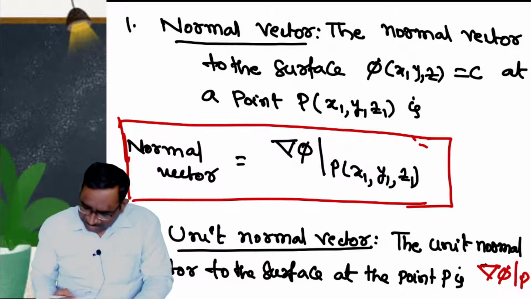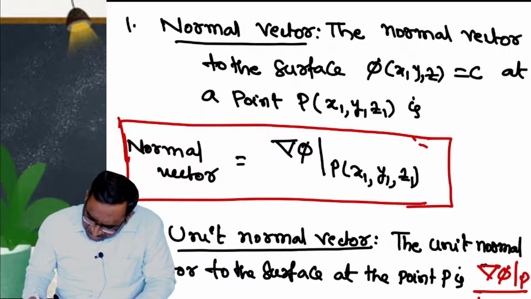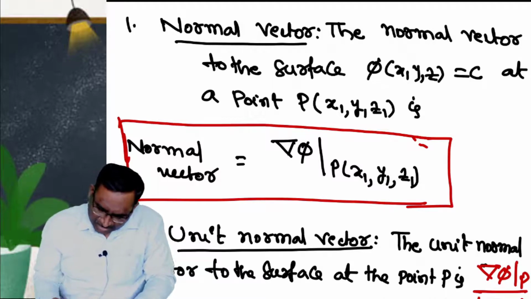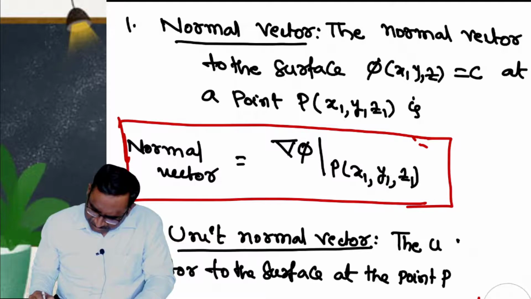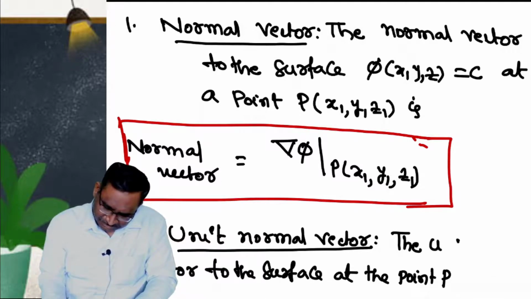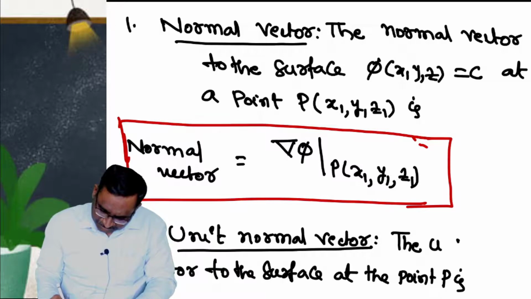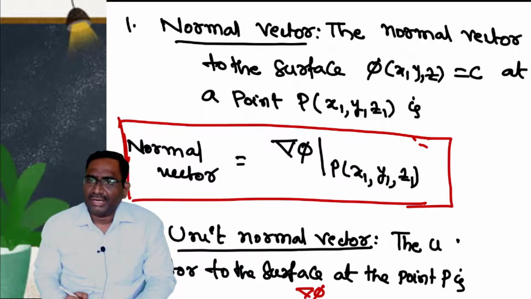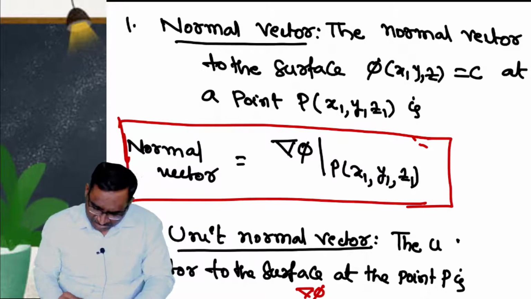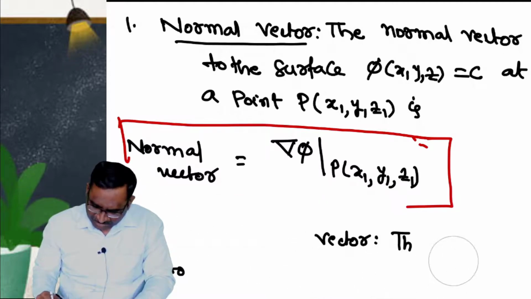Dividing this normal vector by its magnitude, modulus of del phi at P.